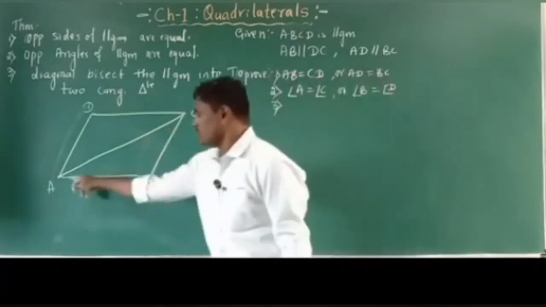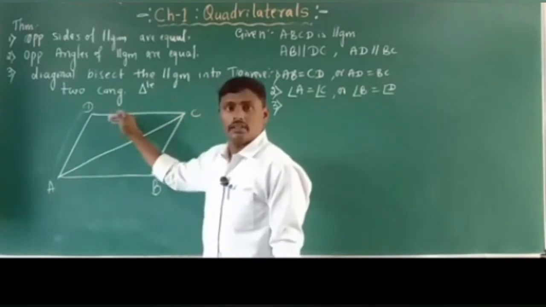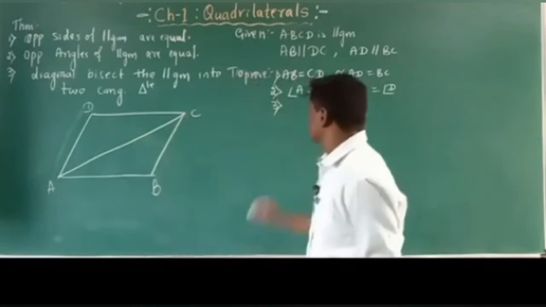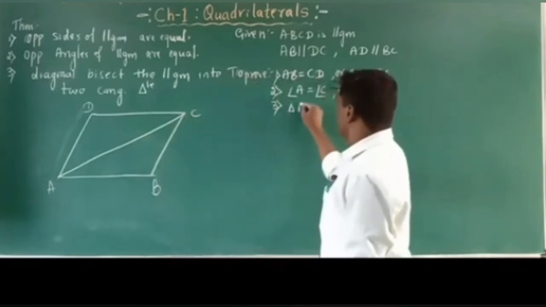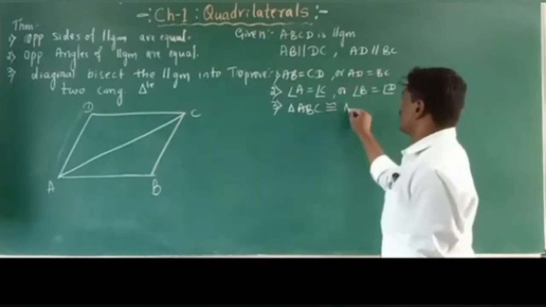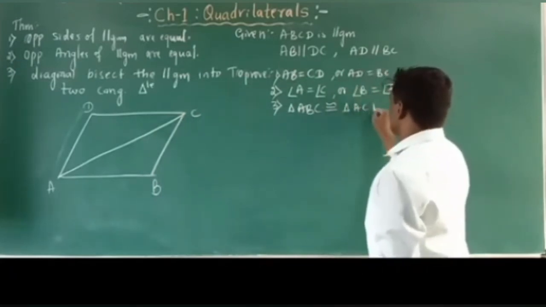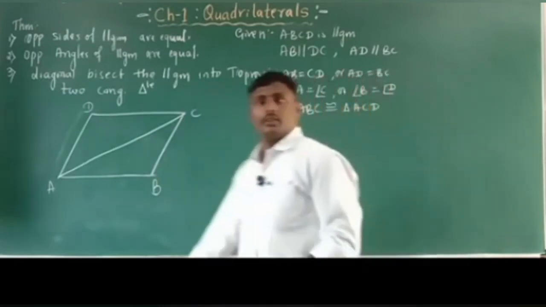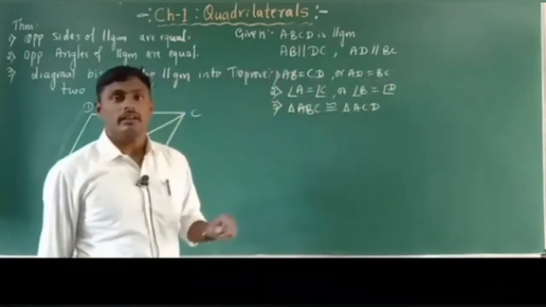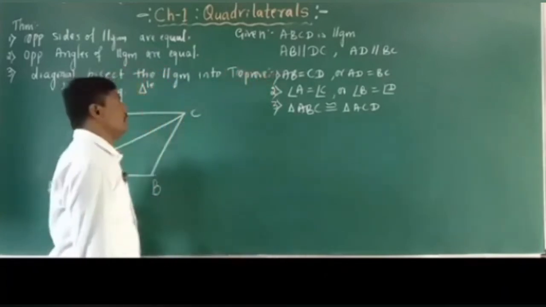AC is a diagonal, so we need to prove that triangle ABC is congruent to triangle ACD. So these are the three statements we need to prove in the given theorem.